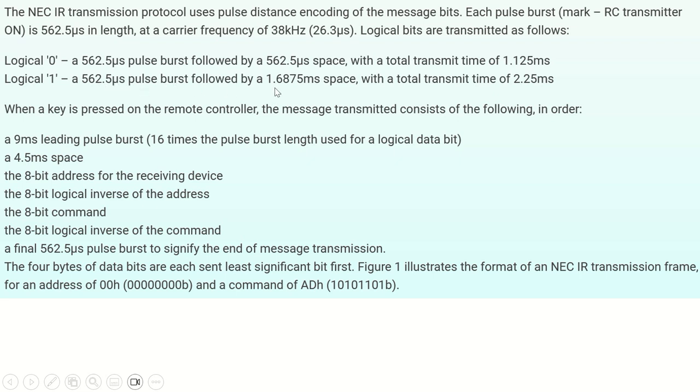Logical 1 means again 562.5 microseconds pulse followed by 1.6875 milliseconds of space, with a total transmission time of 2.25 milliseconds. So logical 1 is, as compared to this, almost double the duration of logical 0. So that represents logical 1.